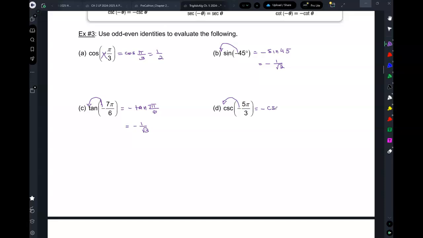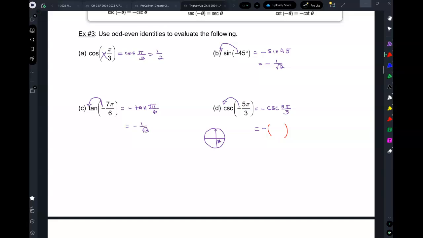Now look at what happens here. Negative cosecant 5 pi over 3. Okay, where is 5 pi over 3? It's in this quadrant. So what's cosecant of 5 pi over 3? Is it like sine or cosine?